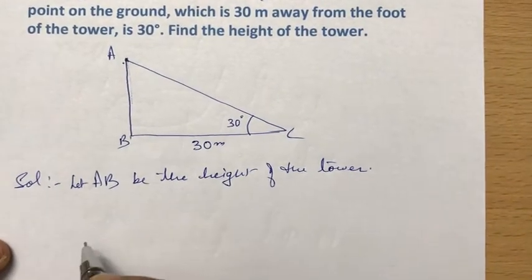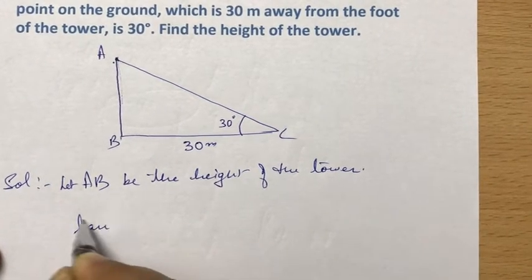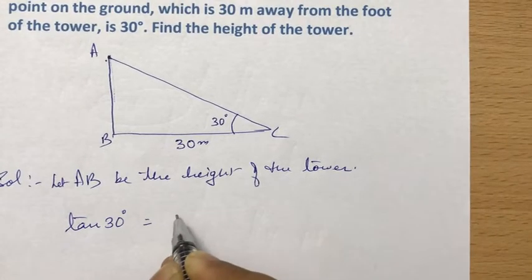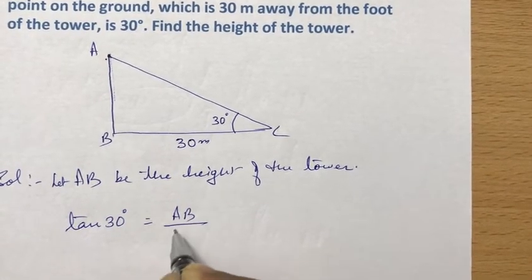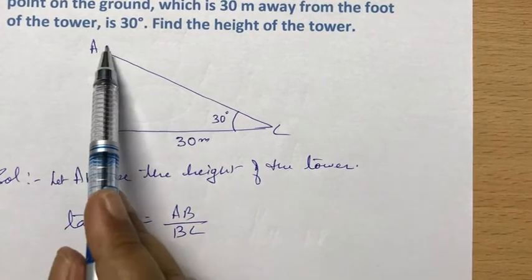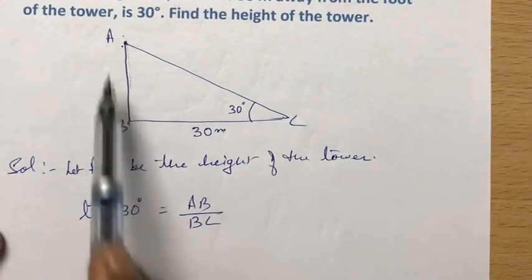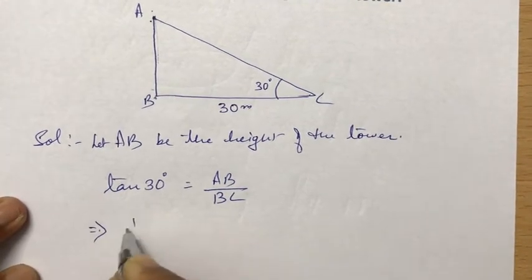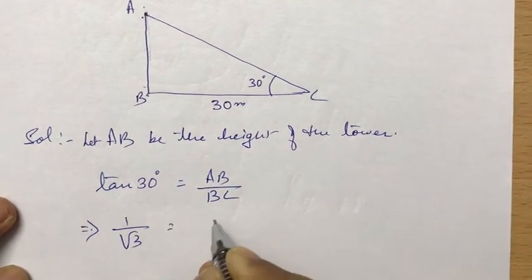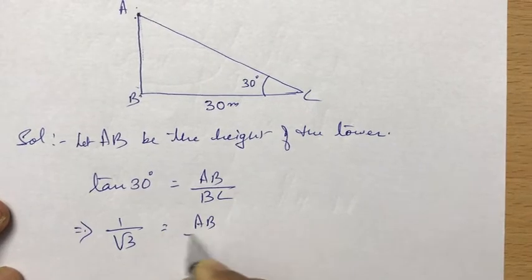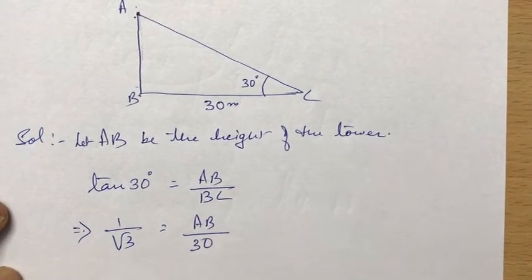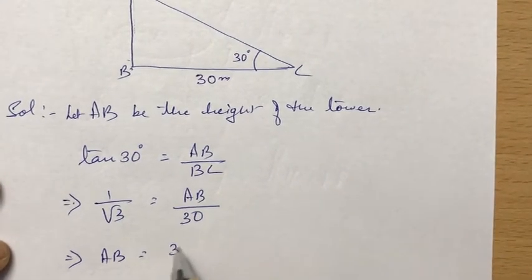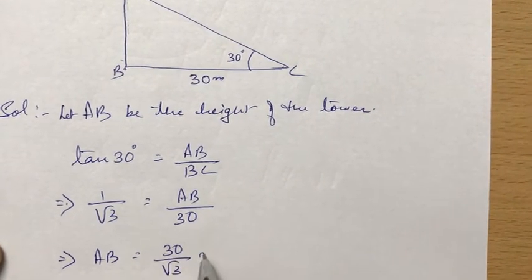I am using this trigonometry ratio: tan 30 degree is equal to AB by BC, perpendicular by base. What is tan 30? Tan 30 is 1 by √3. And what is AB? We don't know. What is BC? It is 30. So I can write AB is equal to 30 by √3 meter.